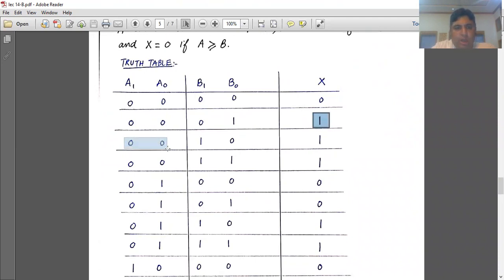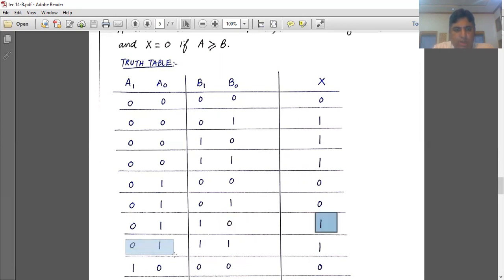In the next case, A is 0, B is 2. So X becomes 1 because A is less than B. In the next case, A is 0, B is 3. So A is less than 3, so X becomes 1. In this case, A is 1, B is 2, A is less than B, so X becomes 1.